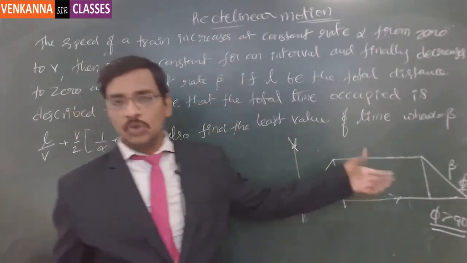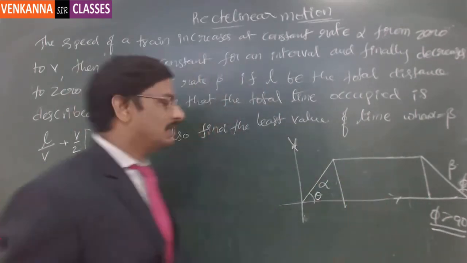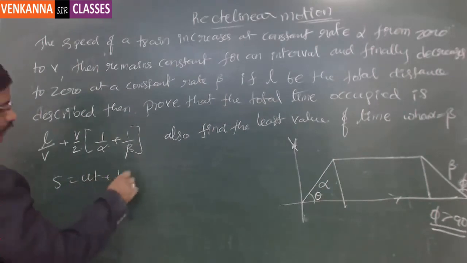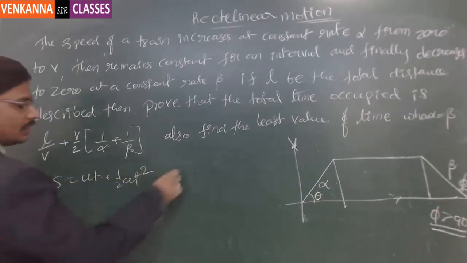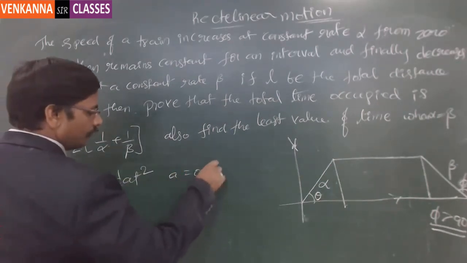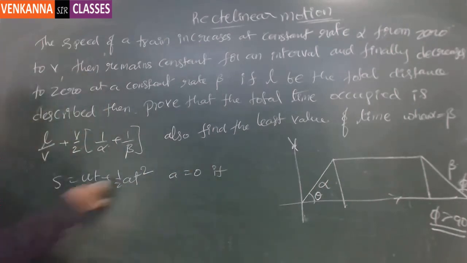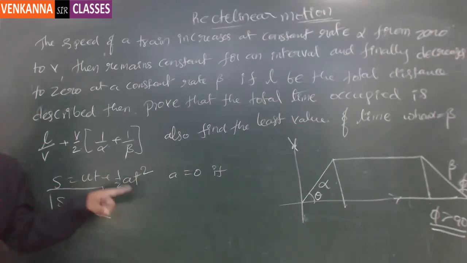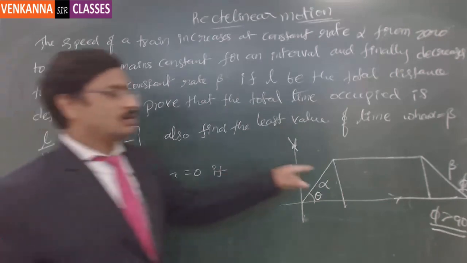In case there is no acceleration, the displacement that it traveled is S equal to ut plus half at square. Now in this case, if a equal to 0, S is equal to ut. So velocity multiplied by time will give the displacement directly. You don't need to worry about half at square because the acceleration is 0 in case of constant velocity.